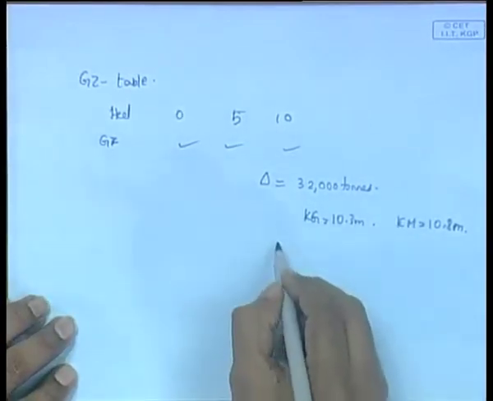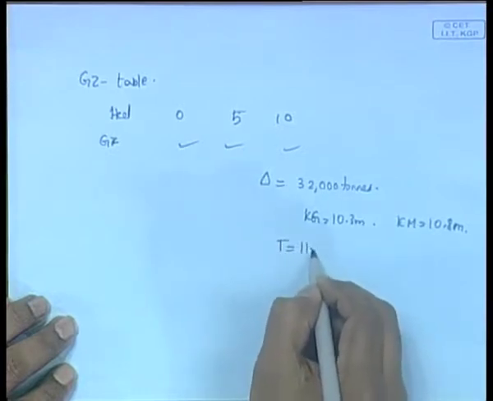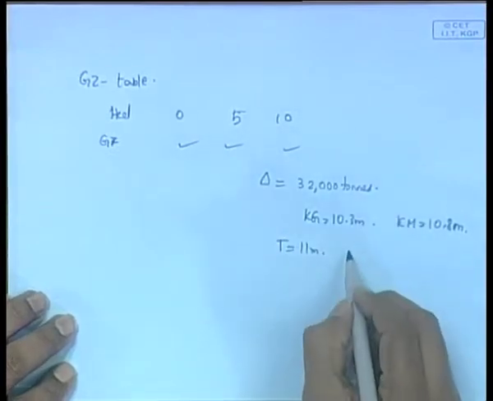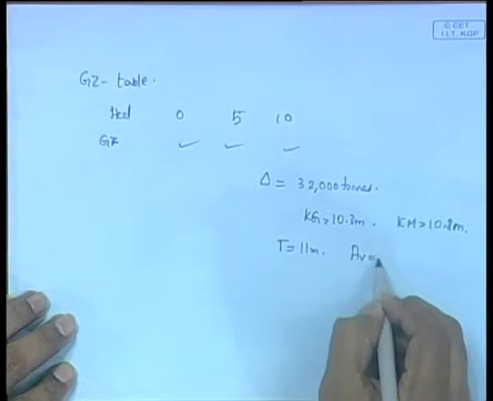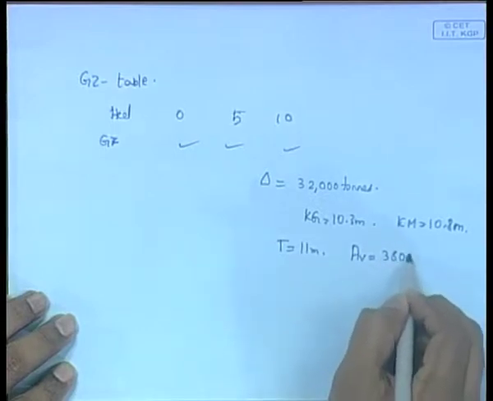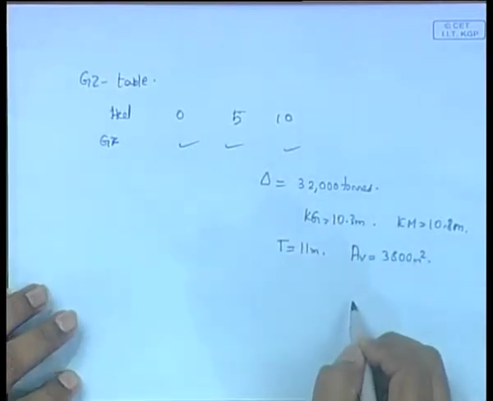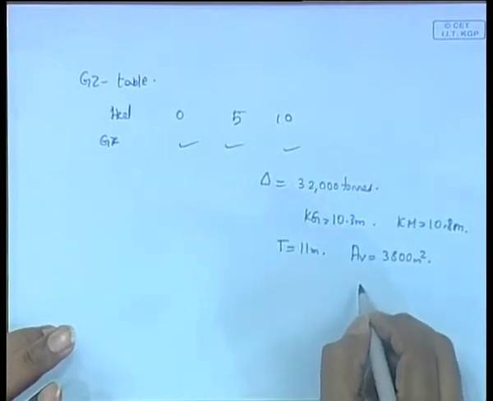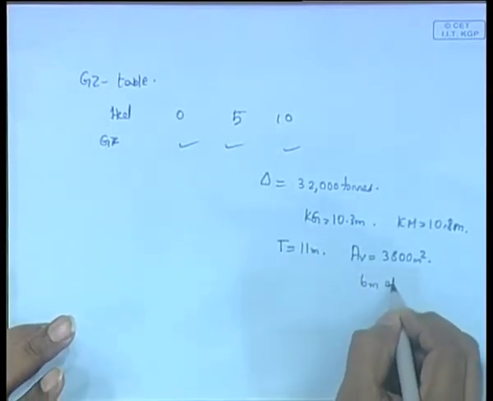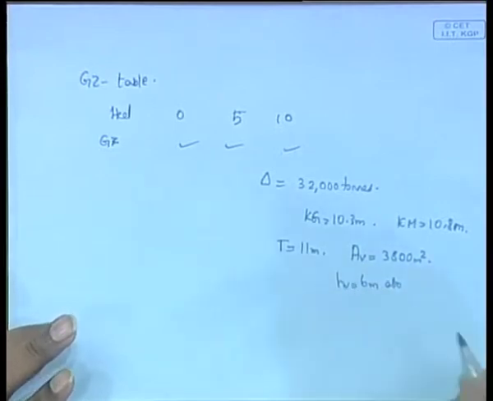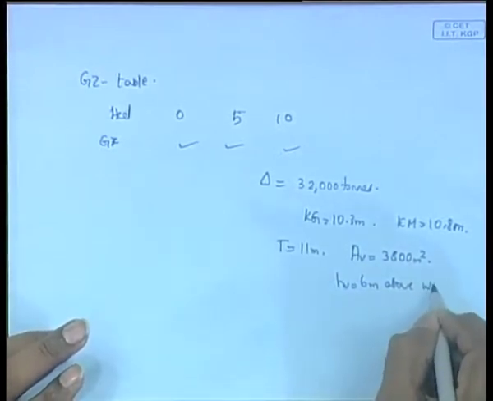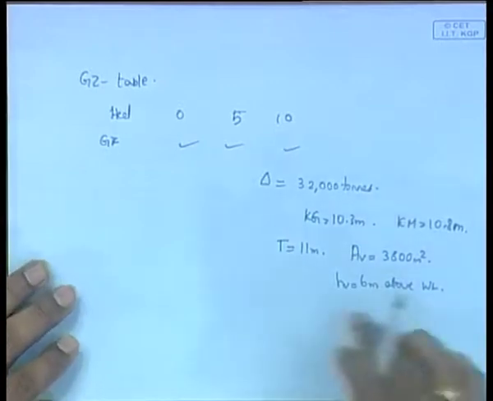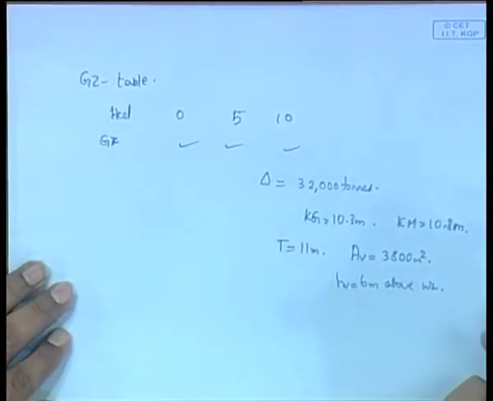Now, you are told that the draft is 11 meter, you are given the windage area is 3,800 meters square, and you are told that the centroid of the windage area is 6 meter above the water line. This is obviously your HV according to our definition. HV is equal to 6 meter above the water line.